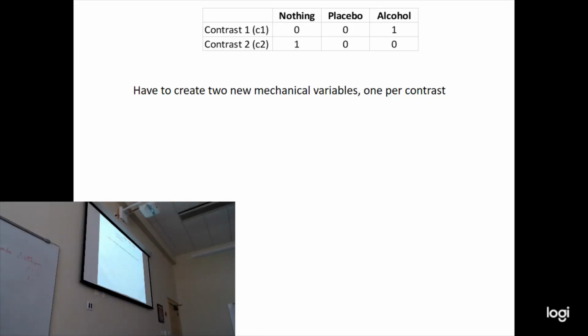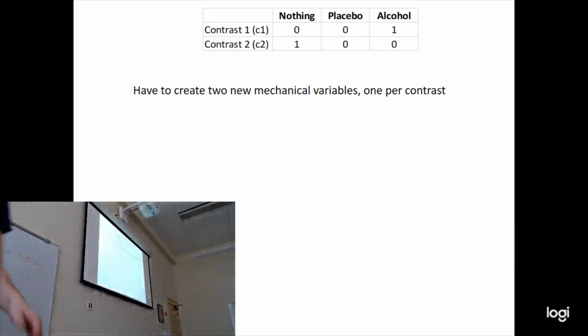So these are the contrasts. And in order to test an interaction between something and something else, you literally create mechanical variables that are the product of the two things that you want to interact.